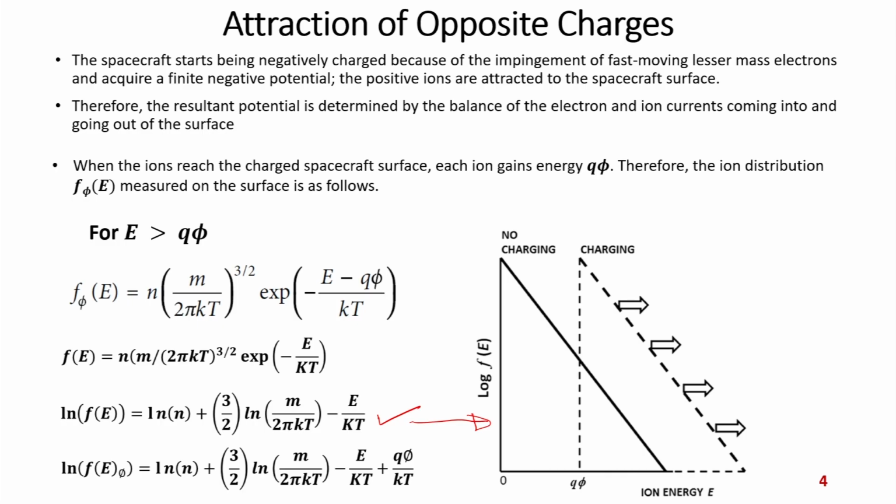But when the spacecraft gets negatively charged and the positive ions are attracted to it, those ions gain an energy of q phi, or they need to do a work of q phi. Because of that, the distribution function gets shifted by this. This we already explained.